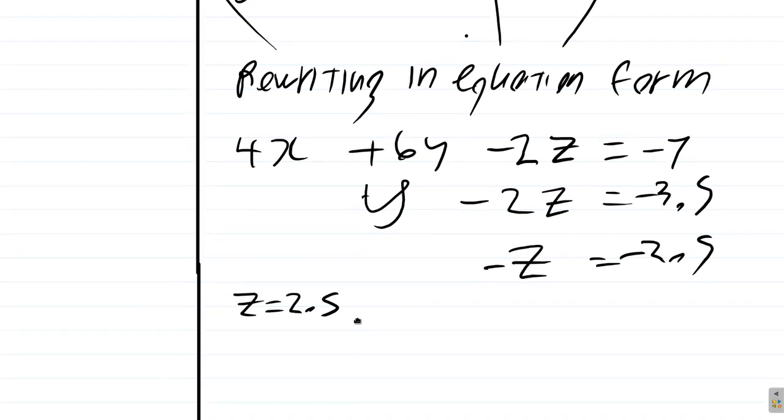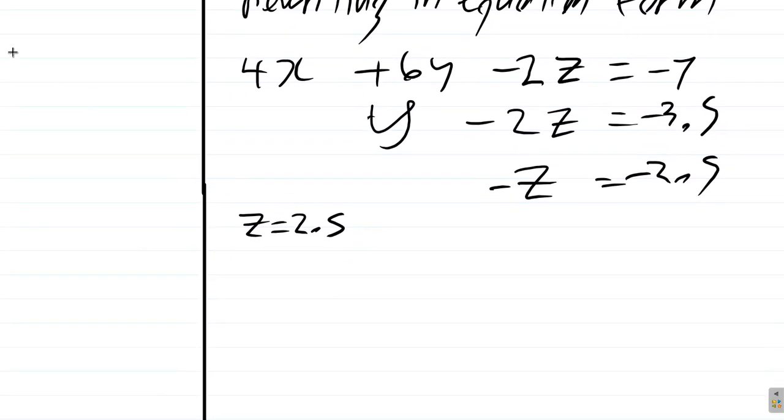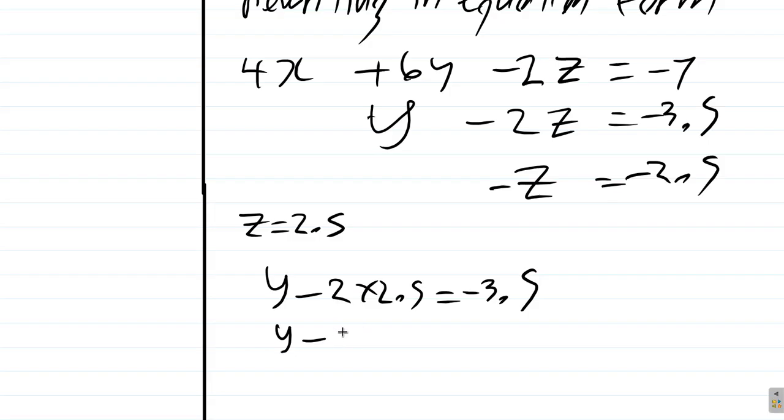All right, y. So we have y minus 2 times 2.5 equals negative 3.5. We substitute it here. So 2.5 times 2 is 5.